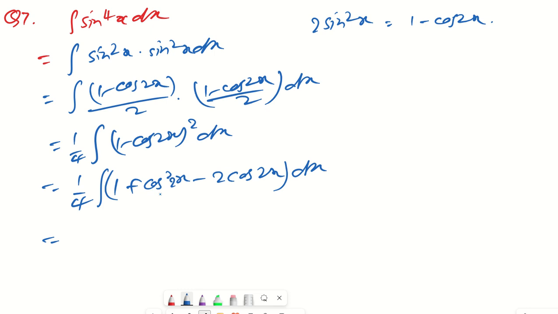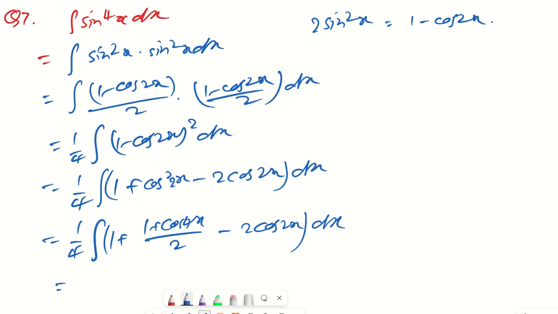Okay. So what is the possibility? We can convert this cos square 2x in terms of 1 plus cos 4x. So it will become 1 by 4 integration of 1 plus cos 4x divided by 2 minus 2 cos 2x.